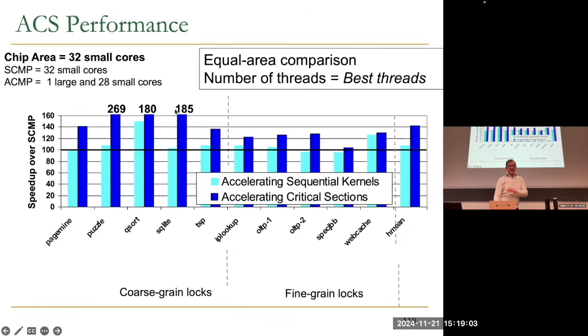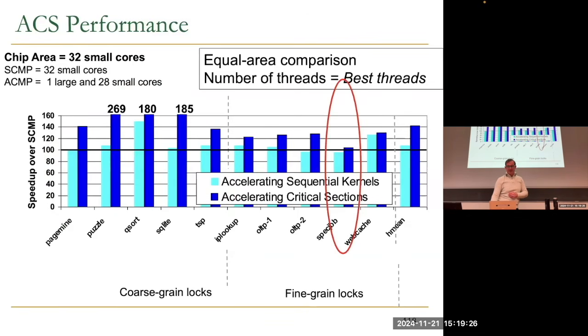But accelerating critical sections buys you a lot more performance on top of accelerating serial parts. So that's good, hopefully. But you can see that the benefits are lower if the program has fine-grained locks, but they're still not negligible. There are some workloads where you get about 20%, for example. And these are some online transaction processing workloads that use database type of things.